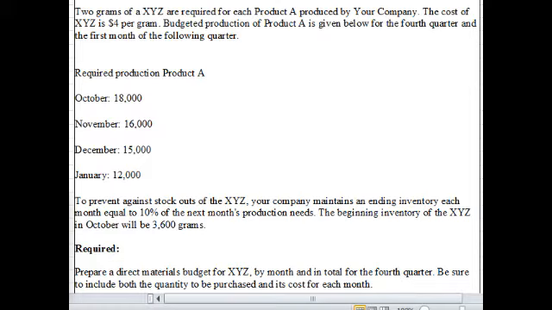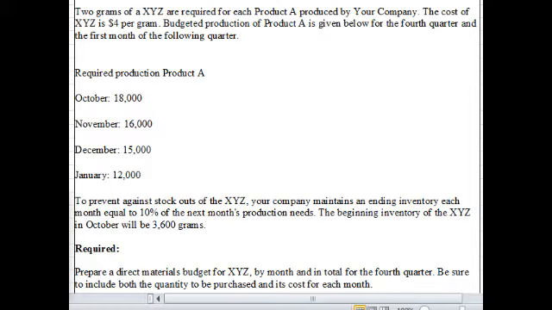for product A. So the 4th quarter is October, November, December, and January information was needed because we need that information to complete the budget. Additional information is given here to prevent stock outs of XYZ, meaning you don't want to run out of this material.